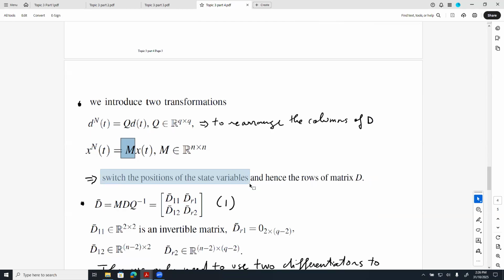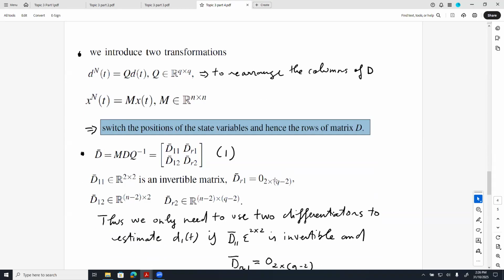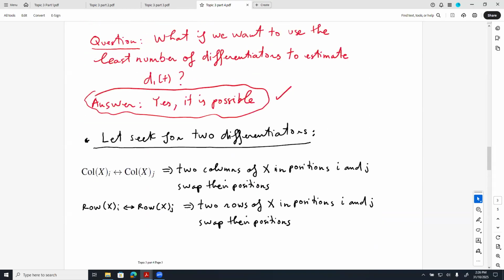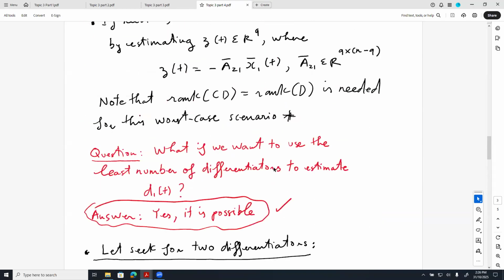We switch some of them, move them around, and as a result of that, we can then change the rows of matrix D. So bear in mind that we're going to swap the columns and swap the rows, and this is the objective here. By the way, the matrix C here is of the canonical form.